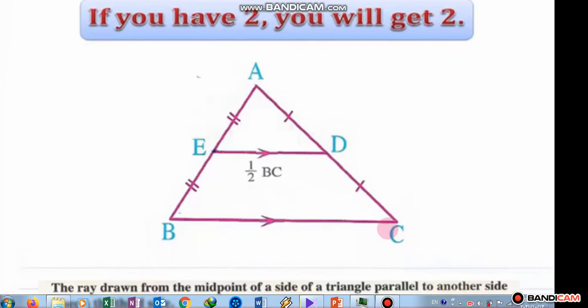So theorem 2 says the ray drawn from the midpoint of a side of a triangle parallel to another side bisects the third side. So E is the midpoint of the first line segment in this triangle, and the line segment ED is parallel to line segment BC, so D is the midpoint of the third side. Okay?